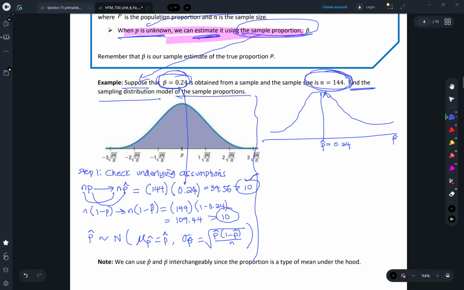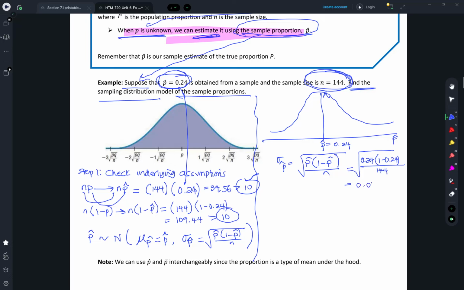Okay, and then next we need the standard error. That will be the square root of p-hat(1 minus p-hat) all over n, same as the square root of 0.24 multiplied by 1 minus 0.24 all over 144, which will give 0.0356.